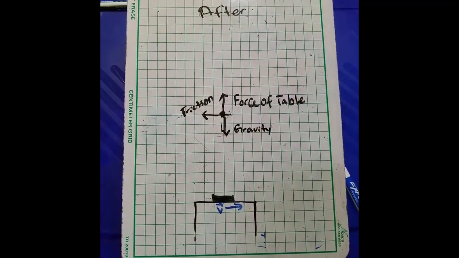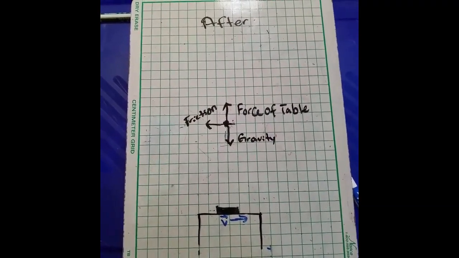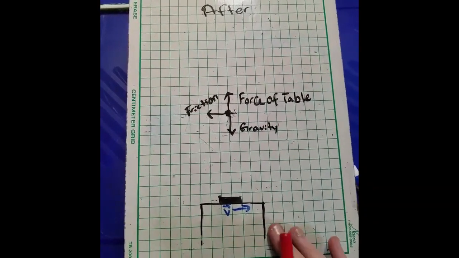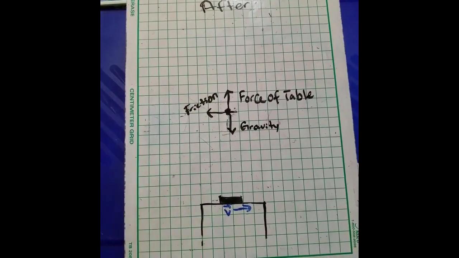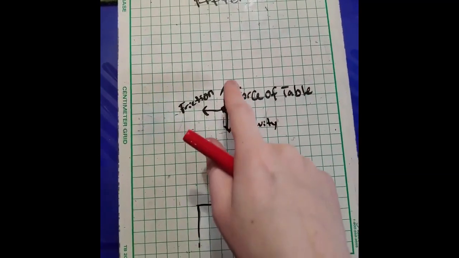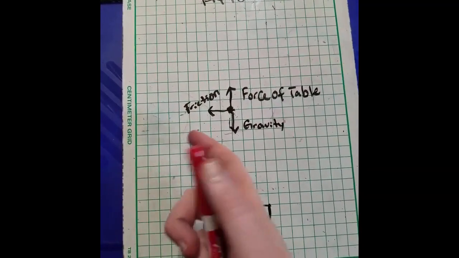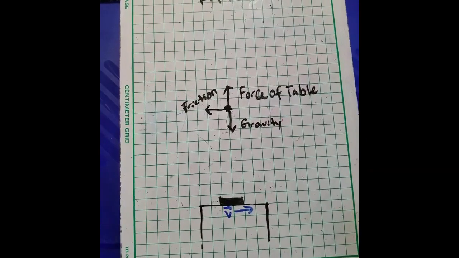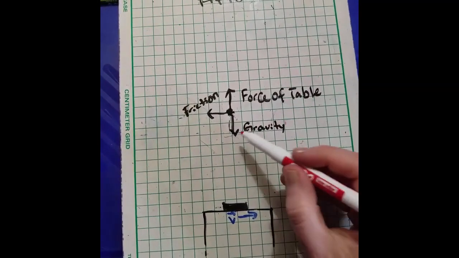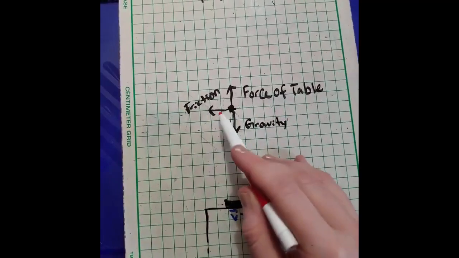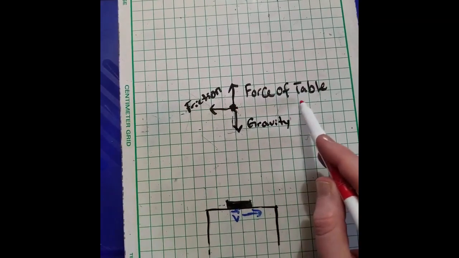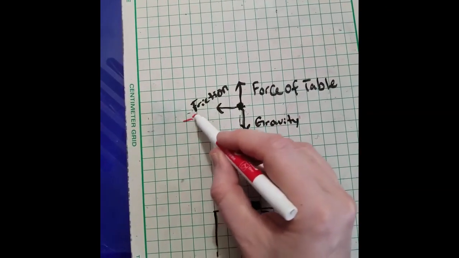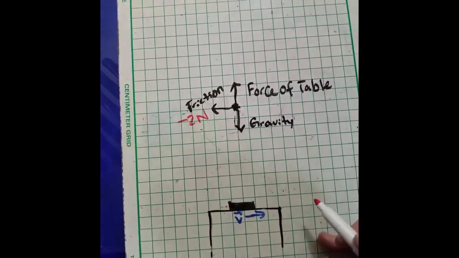Okay, after. So this is the after, while the coin is still on the table and sliding across the table. I have the force of the table still pushing up, I still have gravity pulling down, and I still have friction between the coin and the surface of the table. And it's very clear here that we don't have any balanced forces. We have nothing pushing this way, but we have friction still acting this way with -2 newtons.